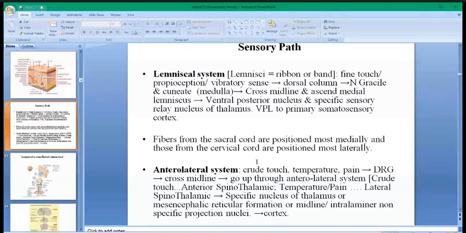So what is fine touch? Fine touch means using a cotton wisp, you touch the hairy part of the person and ask, without his seeing it, whether he can perceive it or not. That is called fine touch. In sensory system examination we do fine touch examination, right? Am I clear? Yes, sir.